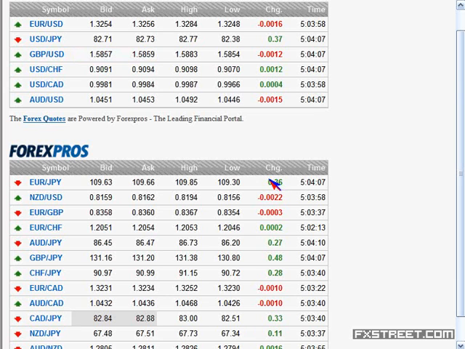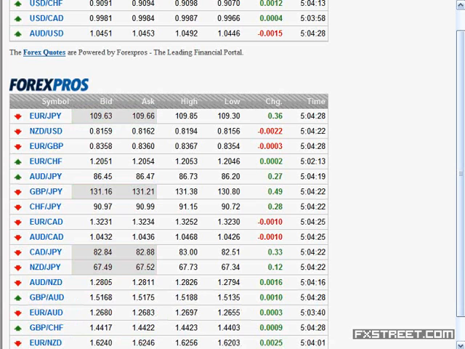Then also you come across in the case of European crosses, Euro GBP is showing 3 pips negative net change and Euro CHF is showing about 2 pips positive net change and GBP CHF is showing positive net change.